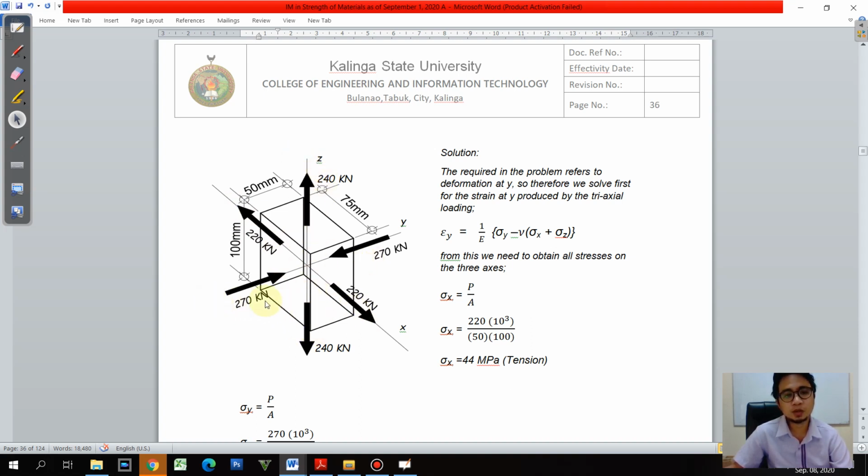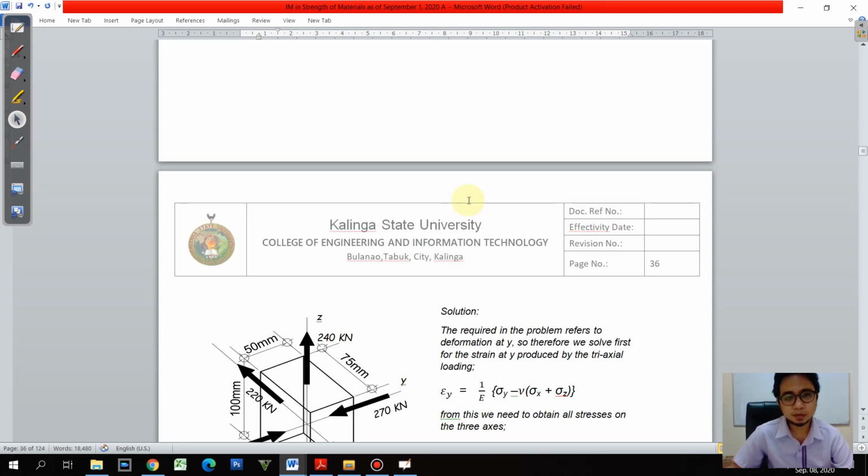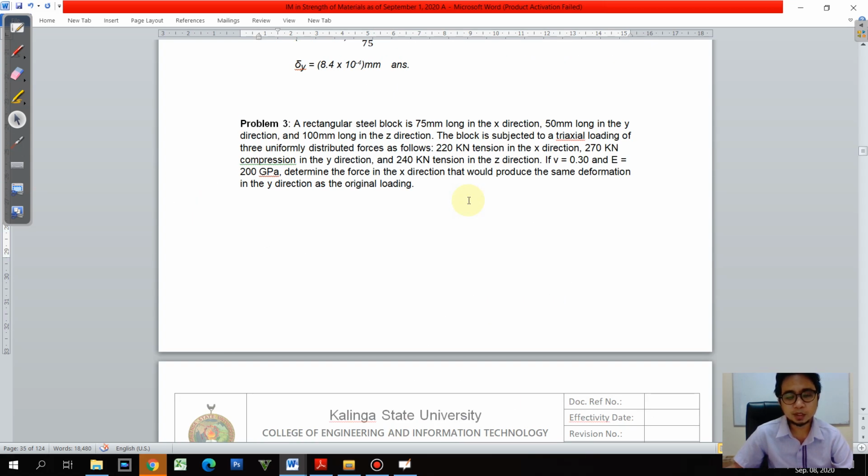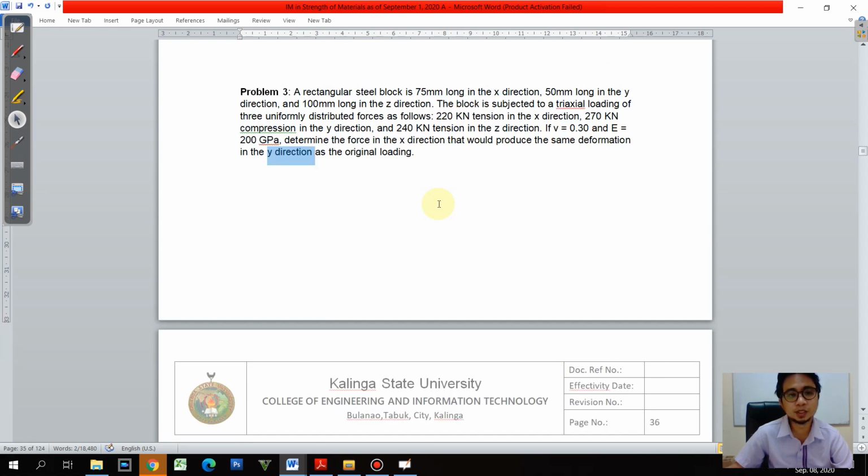So all of which will be having a strain on corresponding axis. But the problem focuses only on the Y direction. Okay? So Y direction. So magkakaroon siya ng strain along Y direction as well as deformation.